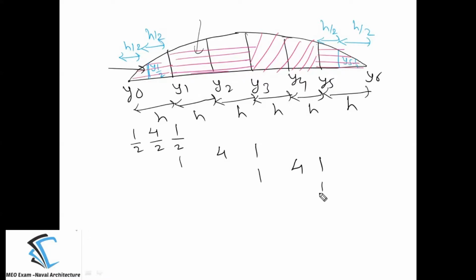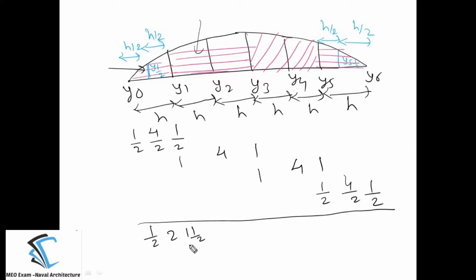So I will write the Simpson's multiplier for the half intervals like 1 by 2, 4 by 2 and 1 by 2. If I combine these things, it will become 1 by 2, 2, 1, 1 and a half, 4, 2, 4, 1 and a half, 2 and 1 and a half.